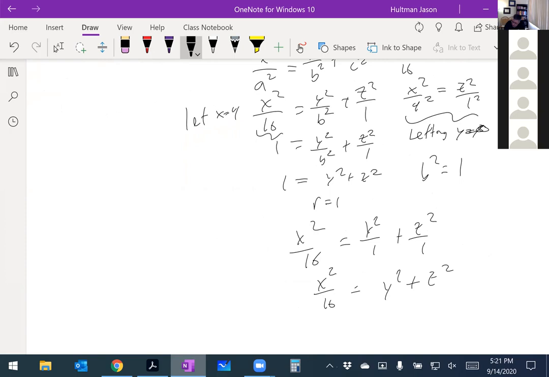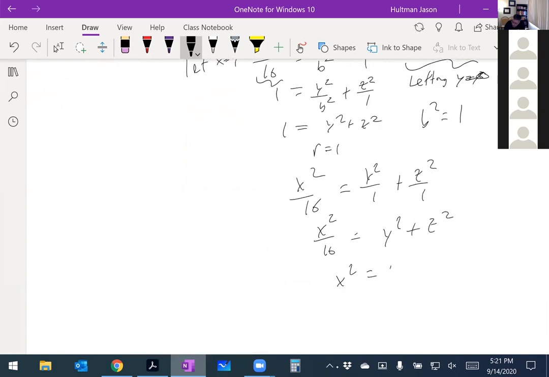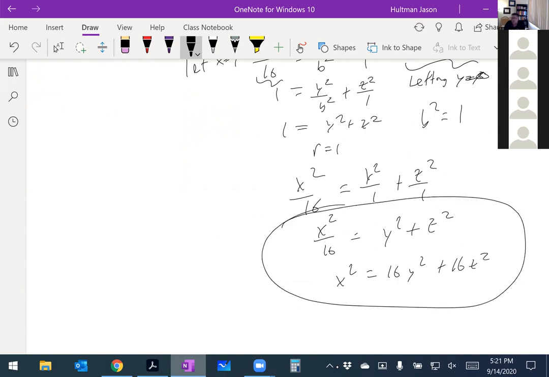You can leave it like that, or you can do 16y squared plus 16z squared. Either of those two is acceptable. That's the equation of the cone that has that slope, where the edges of the cone have the slope x equals 4z. If that makes sense.